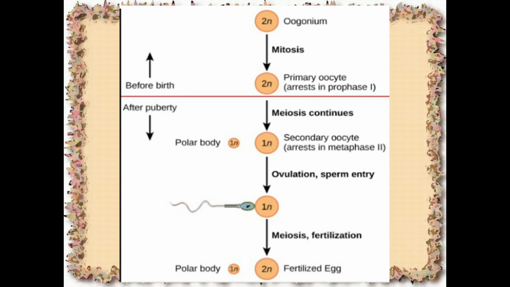This first meiotic division completes just prior to ovulation. Then the second meiotic division occurs in the secondary oocyte and gets arrested in the metaphase. This second meiotic division gets completed on fertilization. So during oogenesis, each primary oocyte produces only one ovum.